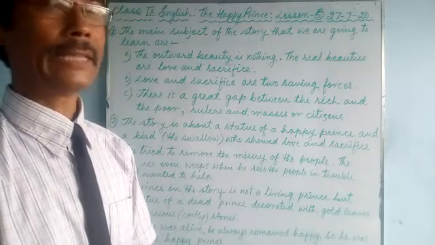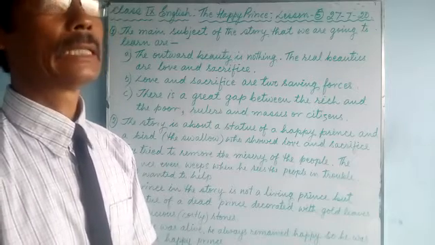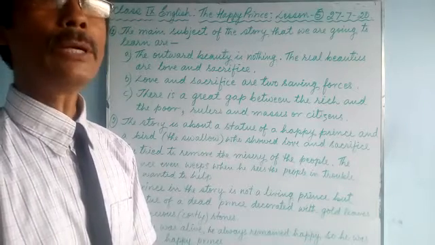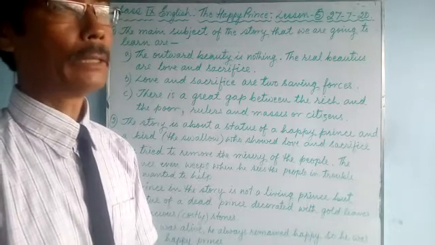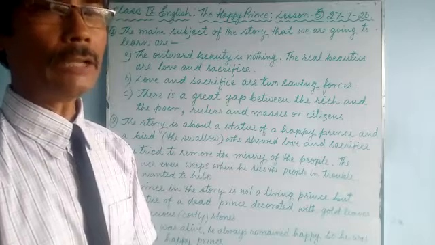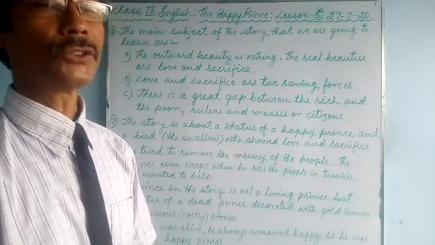Now, while he is dead and his statue is erected, he sees the problems. Now he wanted to help them. But how does he help the people? He could not move. He is not a living prince. He is just a statue.